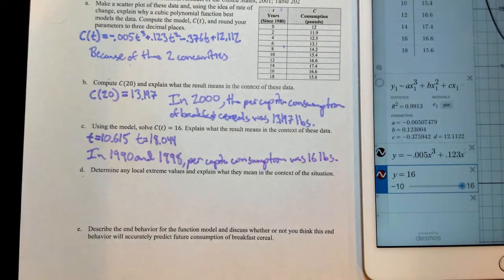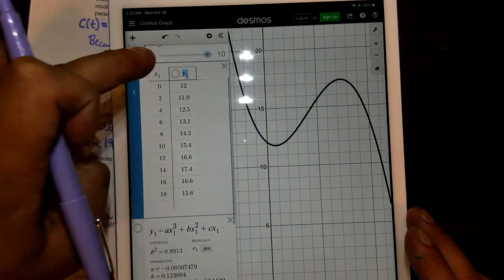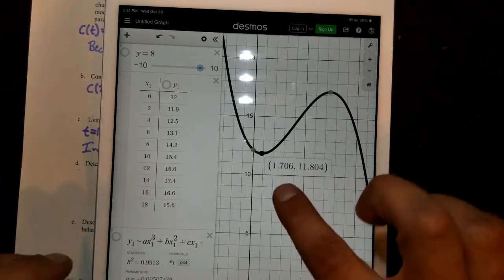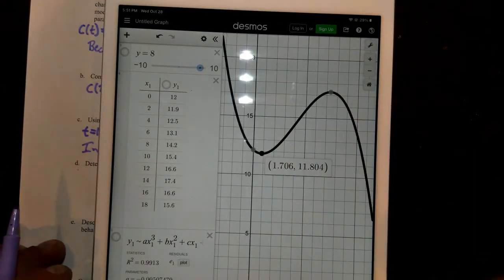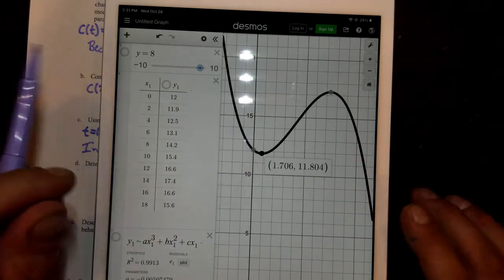And then part D, determine any local extreme values and explain what they mean in the context of the situation. So, we have, let's see, I'm going to turn off all these other points here. We have two extrema here. They're both local or relative. So at this point, we have a local min.